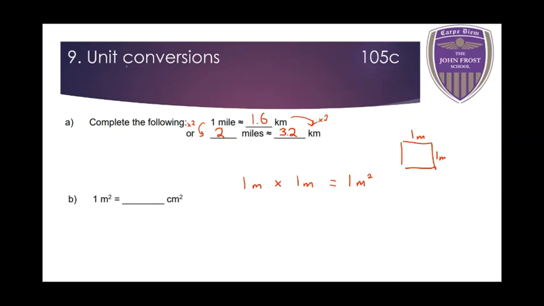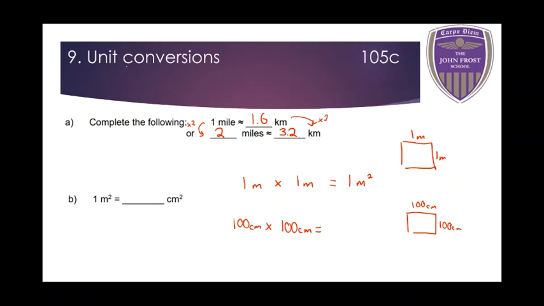So first of all, let's change this length in meters to centimeters. And if we did that, we would have a square with one side of 100 centimeters and another side of 100 centimeters. That would mean that we have to do 100 centimeters times 100 centimeters. Now they're the same length. So obviously we all know 100 centimeters is equal to a meter.